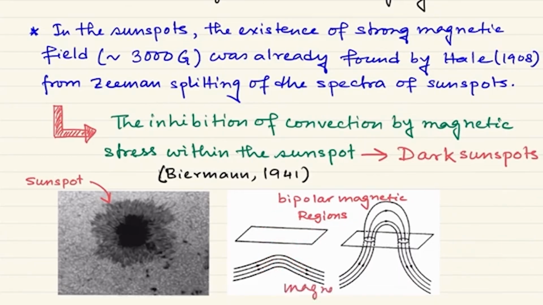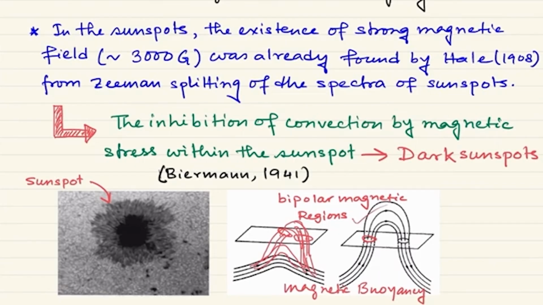They try to rise like this, and when they touch the surface they get out of a sunspot, and then, in order to close the loop of the magnetic field, they enter through the other sunspot.